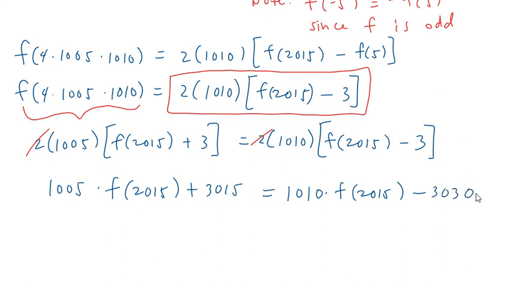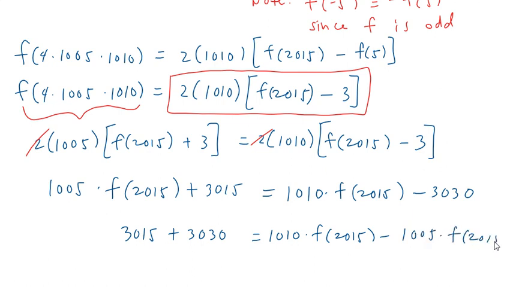Now we can just combine like terms. We then have 3015 + 3030 = 1010 times f(2015) - 1005 times f(2015).